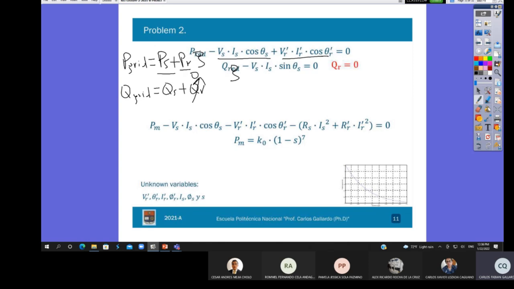What about the reactive power grid? If this is 0, the grid active power is equal to the stator active power, and the rotor reactive power is equal to 0. So this is the power balance equation.